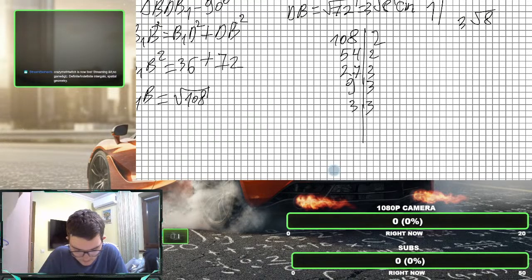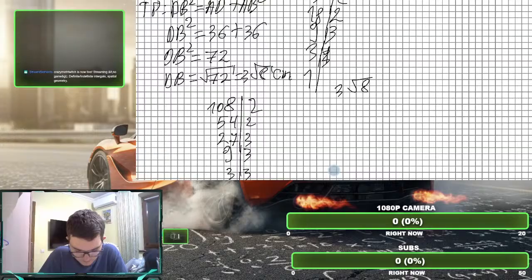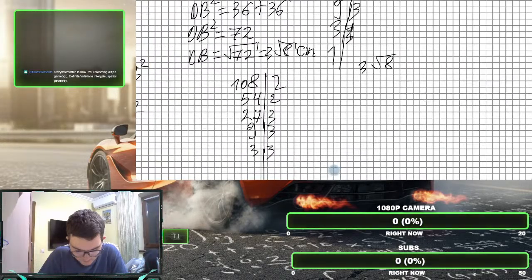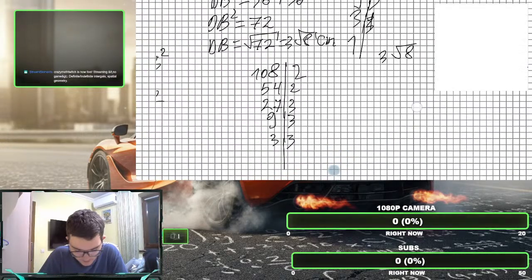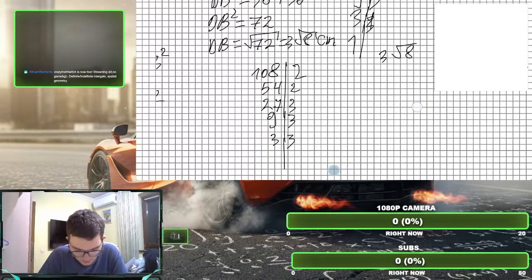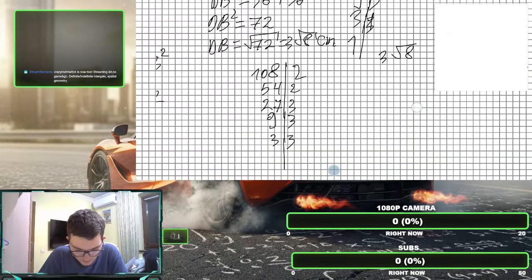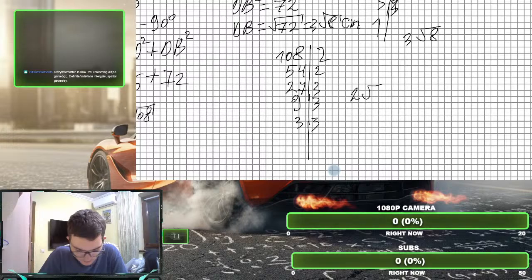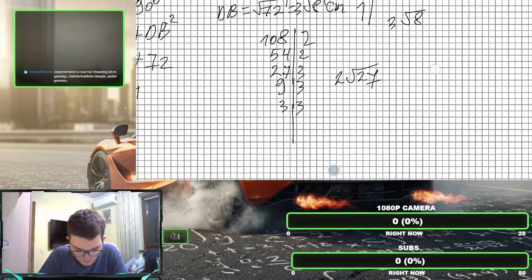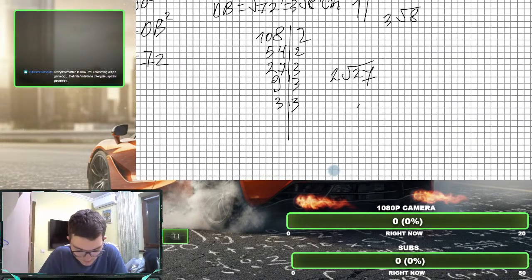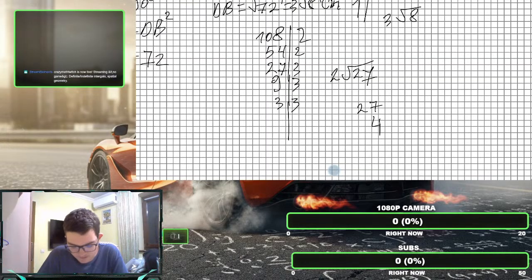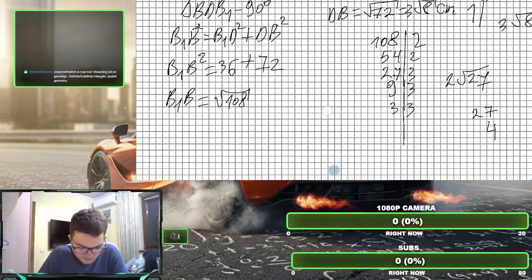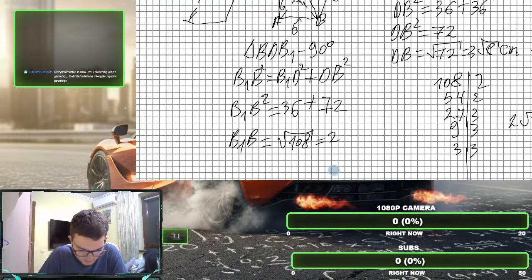So once again, hold up, here it's not 3 square root of 8, here it's 2 square root of 27, right? 2 square root of 27, as 27 times 4 is essentially 108, so this is 2 square root of 27 centimeters.